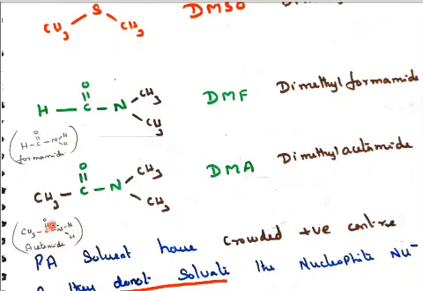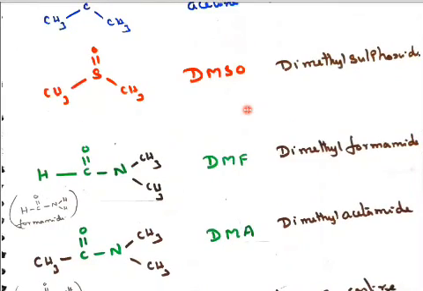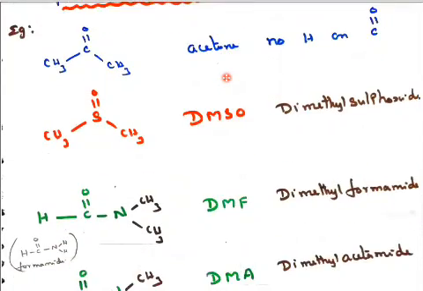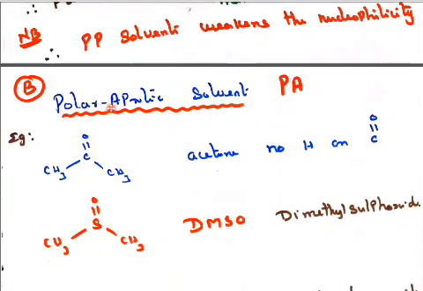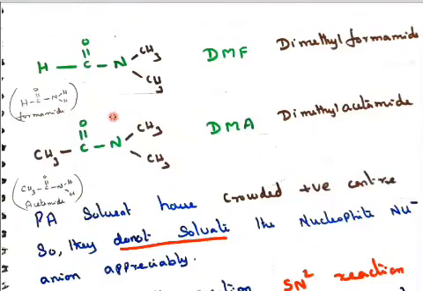In this acetamide, CH3C=O NH2, if the two hydrogens are substituted by two methyls, it is called dimethyl acetamide. So DMA is dimethyl acetamide, DMF is dimethyl formamide, DMSO is dimethyl sulfoxide. And also acetone. These are the examples of polar aprotic solvents.